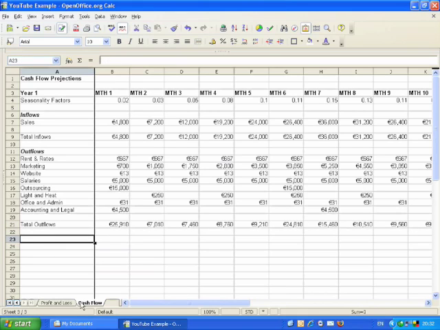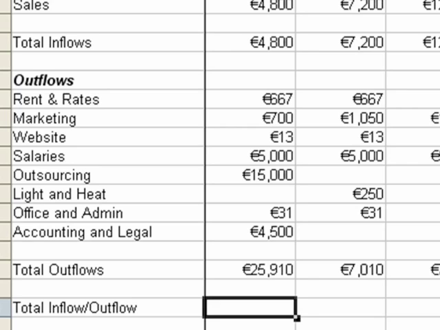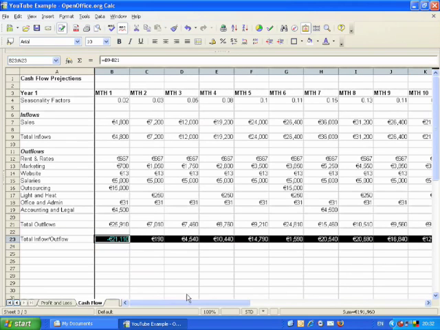Now we move on and we have to find our net inflow or outflow. So we do this by subtracting the total outflow from the total inflow. This gives us the inflow or outflow for each month.